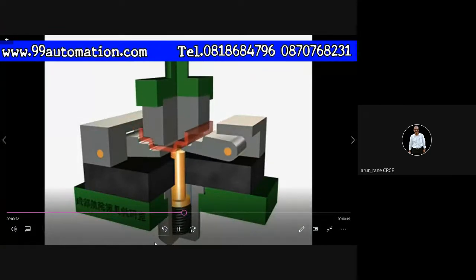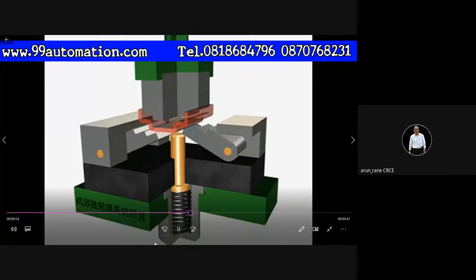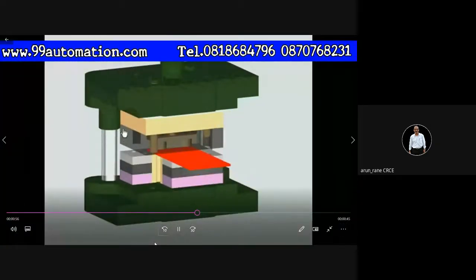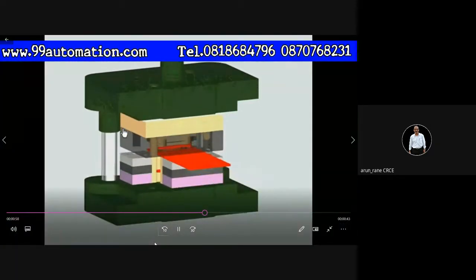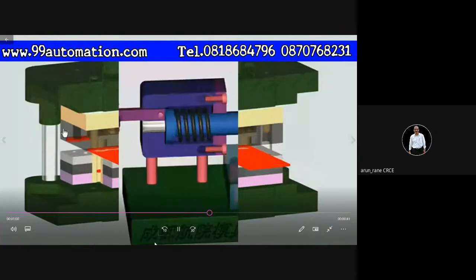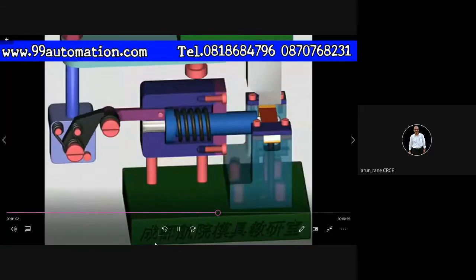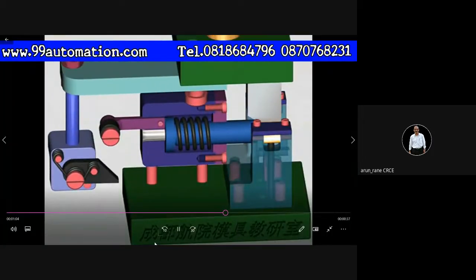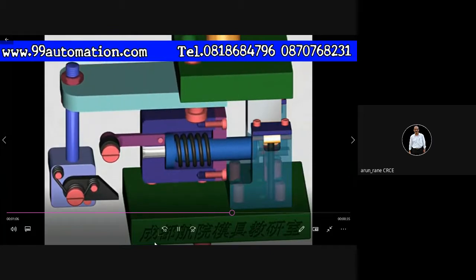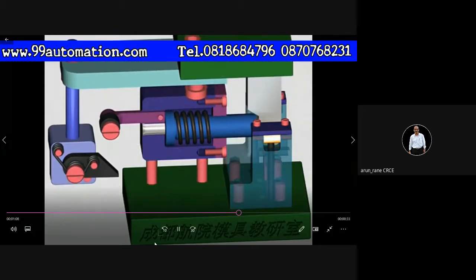These are all but little complex dies. You don't have to design so many complex dies in your course.